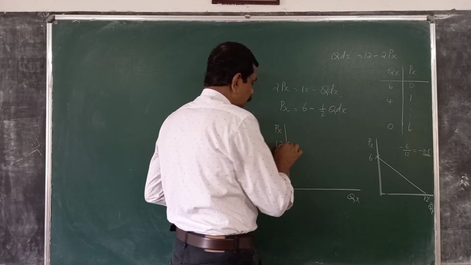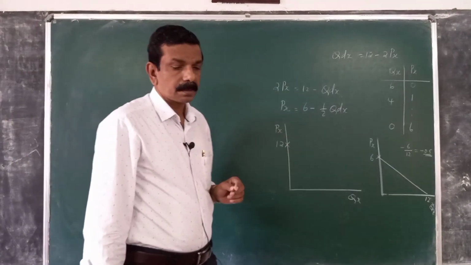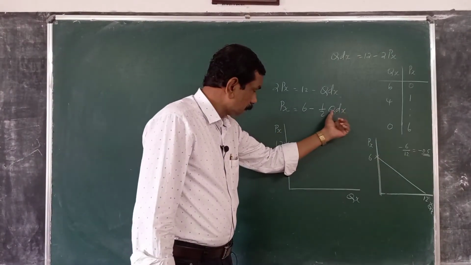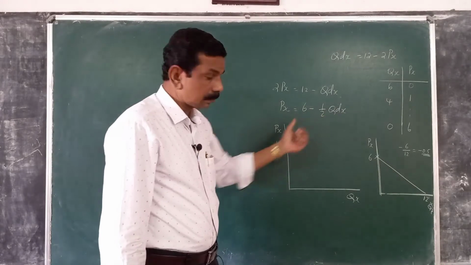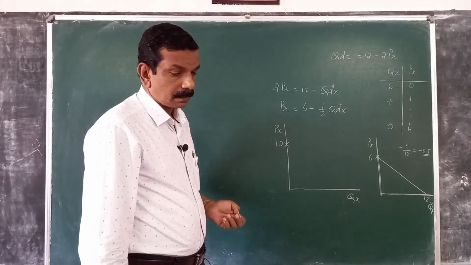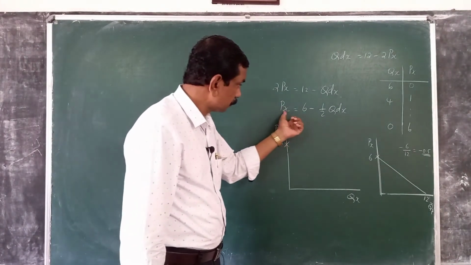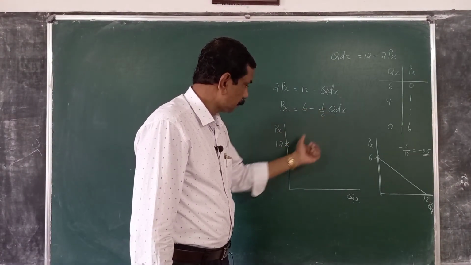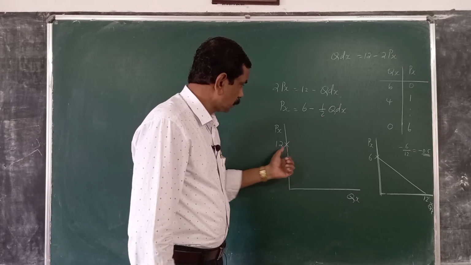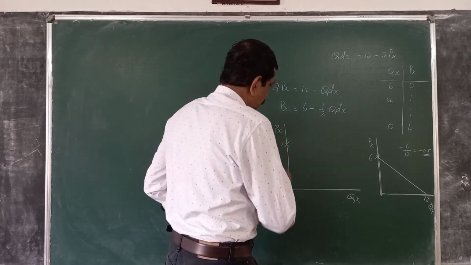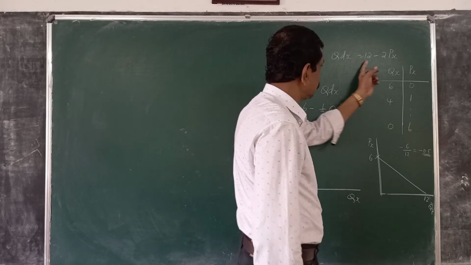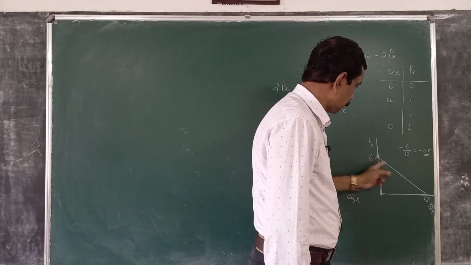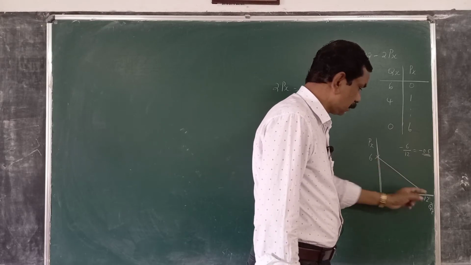So when Qx is 0, what is Px? Px is 6. Here Qx is 12 minus 2Px, and this is Px is 6, Qx is 12.